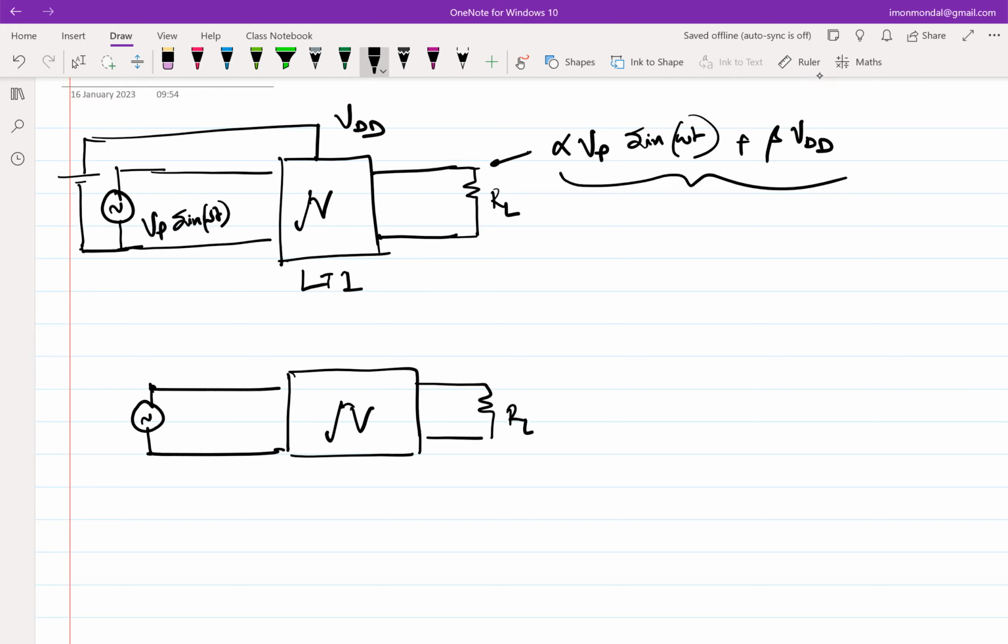You'll take this port, short it, and apply Vp sine omega t here. You will get alpha Vp sine omega t.